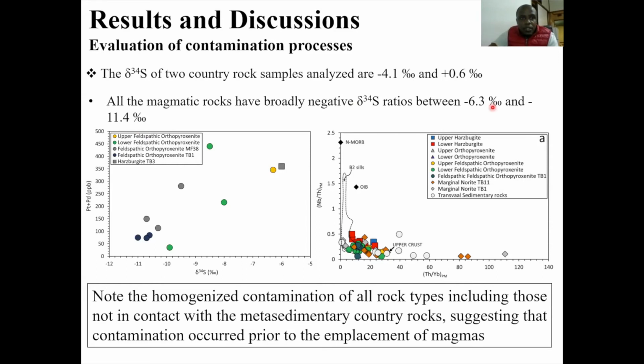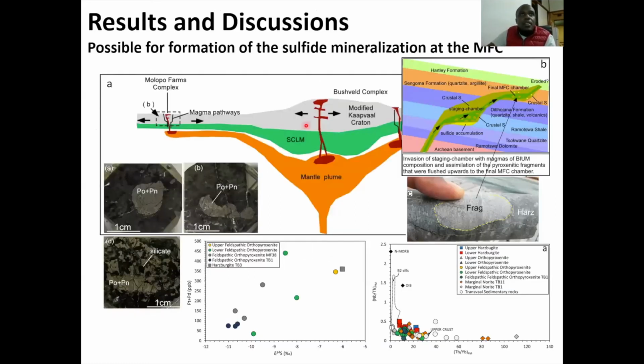Now, if we consider this in terms of a model, we put together this kind of schematic diagram here. We have the Bushveld Complex around here, and this is the Kaapvaal Craton, which is actually modified by the Bushveld magmatic activities. Then we have the Molopo Farms Complex here.